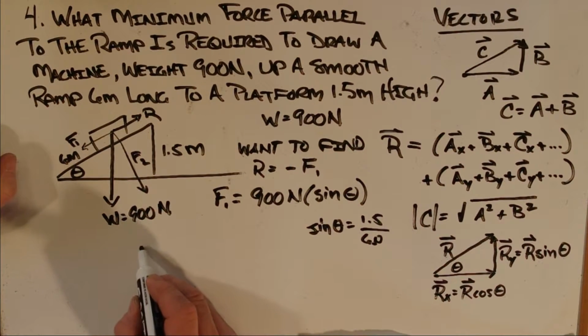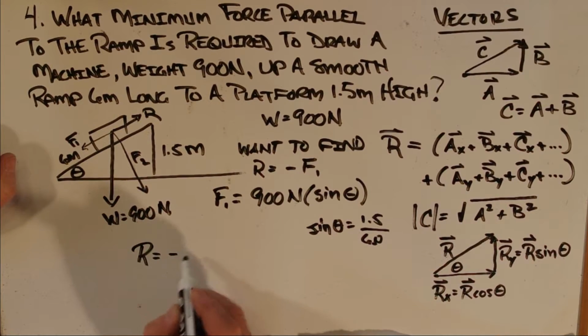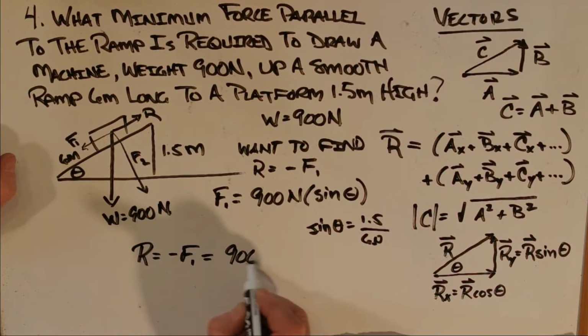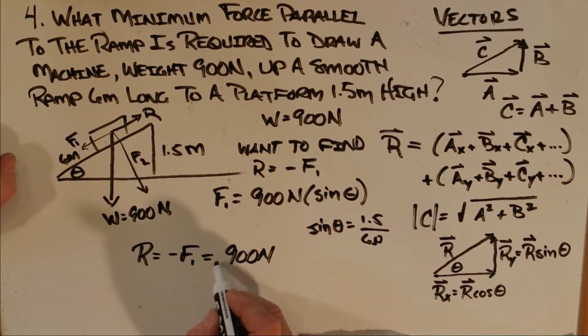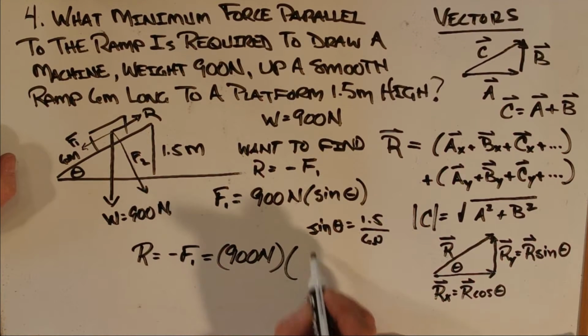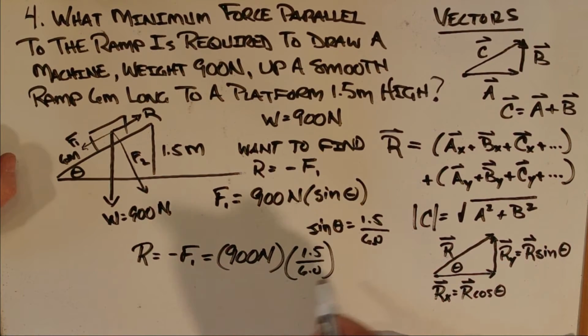And so the sine of theta is 1.5 divided by 6. So the force, which is going to be opposite F1, is 900 newtons times the sine of theta, which is 1.5 over 6. And that is equal to 225 newtons.